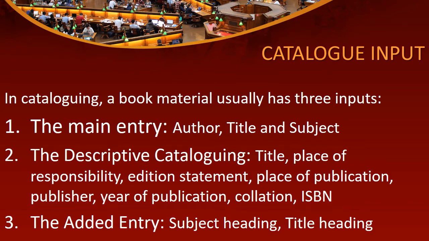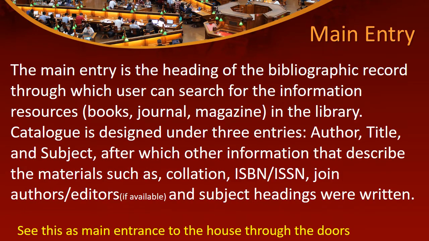The second one is the descriptive cataloging, which covers title, statement of responsibility, edition statement, place of publication, publisher, year of publication, collation, ISBN, etc. Then we have added entry, which is like what we call a window to a house. It's not the main door, but you can still use that added entry to search for materials in the library.